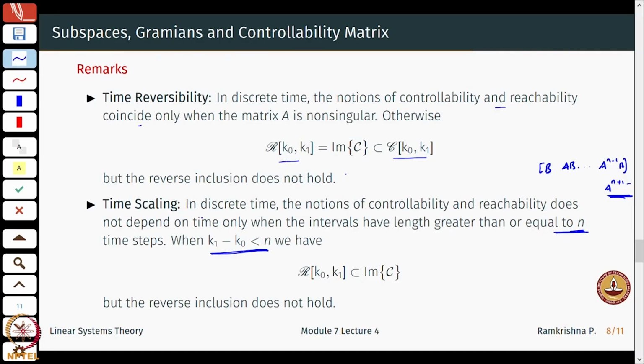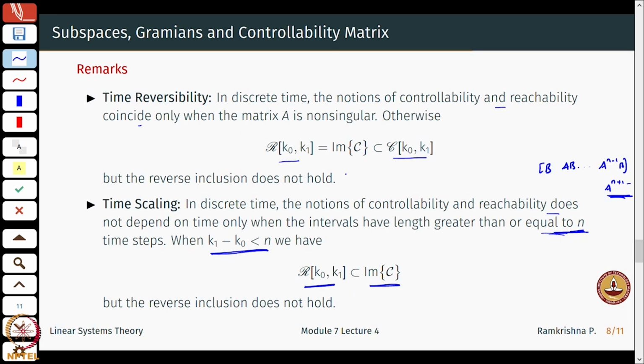So, in the discrete time case, the notion of controllability does not depend on time only when it is greater than n, right. But what if the intervals are of length less than n? I still have a reachable subspace, but this reachable subspace will just be a subspace of the image of C. Okay, but the reverse inclusion will not hold. That is easy to check, right. So, image of C will not be a subset of R, right.